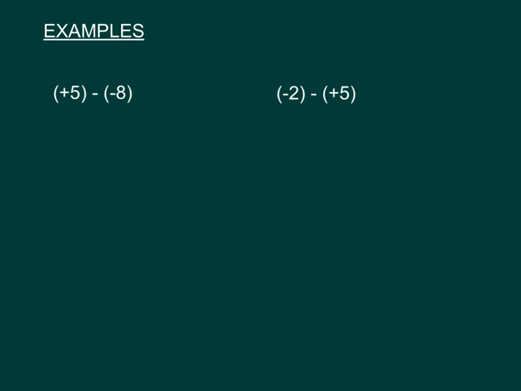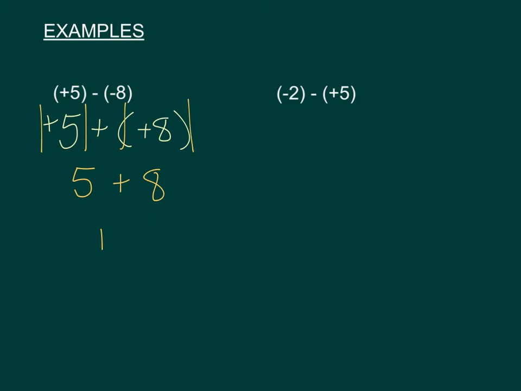Rules are the same every single time. Stay, change, change. Signs are the same, find the sum. Got 5 plus 8 is 13. Larger absolute value. The answer is positive 13. Next one.